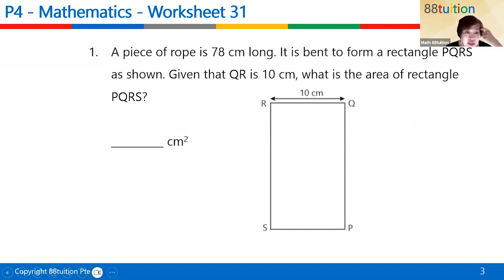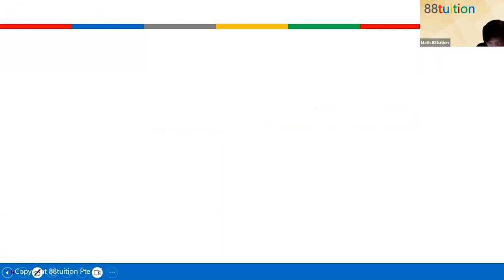Before we start, I would like to share with you some of the prior knowledge. That means we must know the formula. Let me give you one slide so that I can have this area, perimeter. We talk about shapes. We are learning of rectangle.